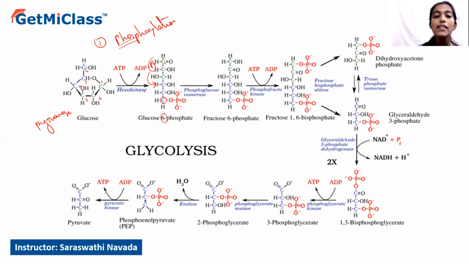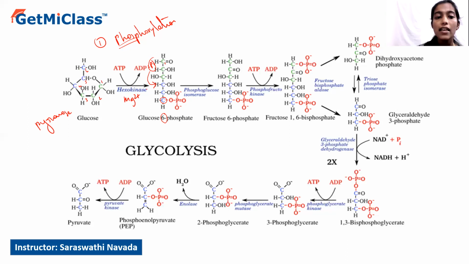And this entire process is catalyzed by the enzyme called hexokinase, and it requires magnesium ions for its action. So magnesium ion acts as an enzyme activator. In the presence of hexokinase, kinase is the enzyme which regulates phosphorylation and dephosphorylation processes, whereas it is called hexokinase because here phosphorylation is occurring in a 6-carbon sugar, that is glucose, or a hexose sugar.